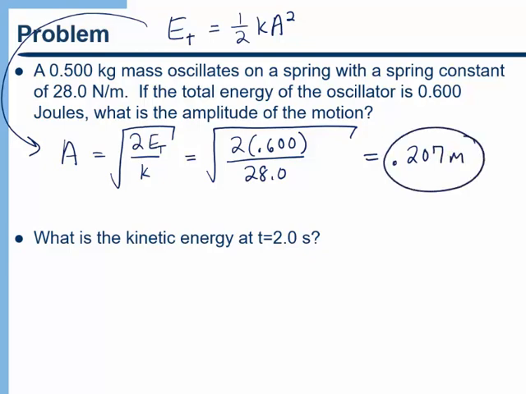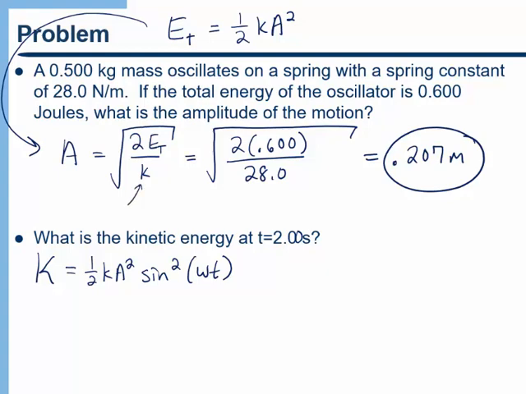Now, we're next asked to figure out what is the kinetic energy at a particular time of 2 seconds. And I should have 3 sig figs there. We know that the kinetic energy as a function of time is 1/2 ka squared sine squared omega t. Again, make sure that you don't get confused by the k's.